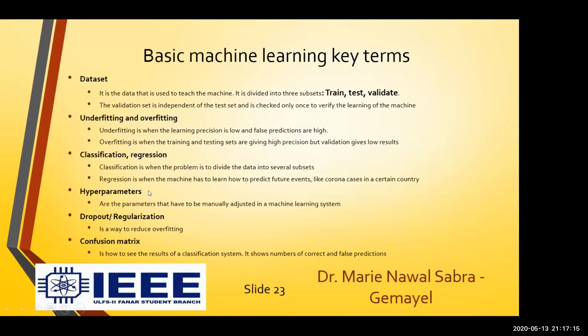Hyperparameters are all the parameters that the machine doesn't predict by itself, doesn't change by itself. So we have a set of hyperparameters like the learning rate. The learning rate is a parameter that is going to adapt. If you have a small value of learning rate, it learns very slowly, and it takes a lot of time.